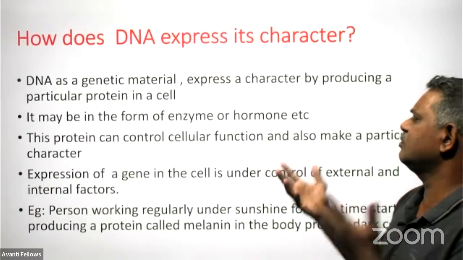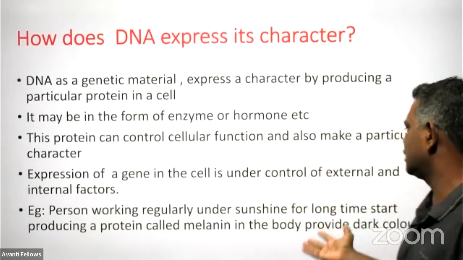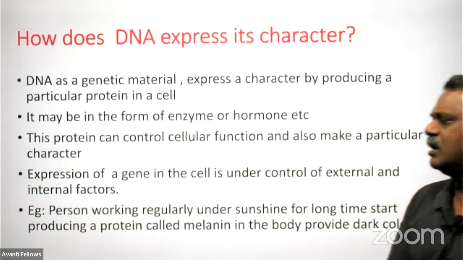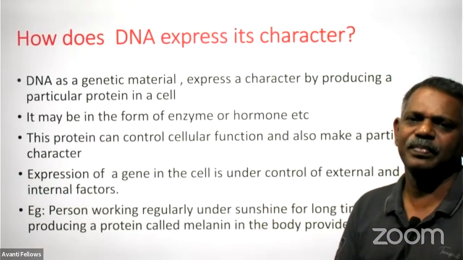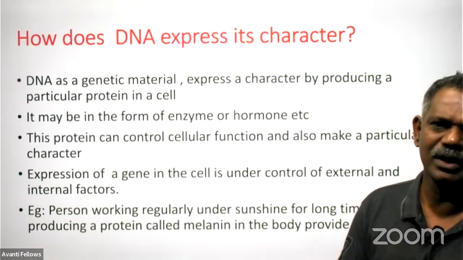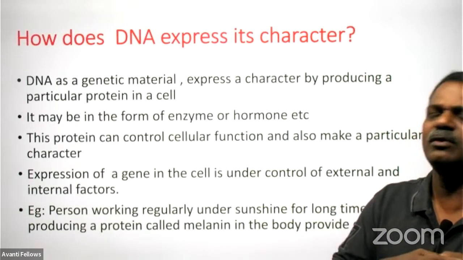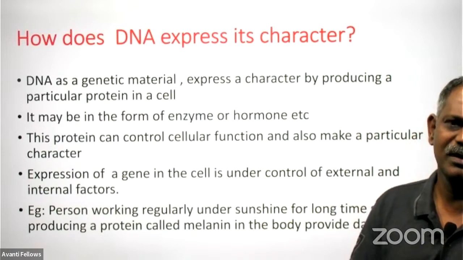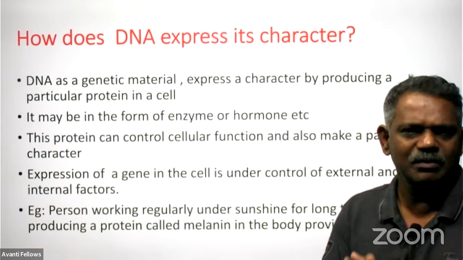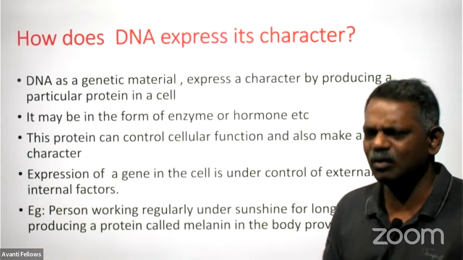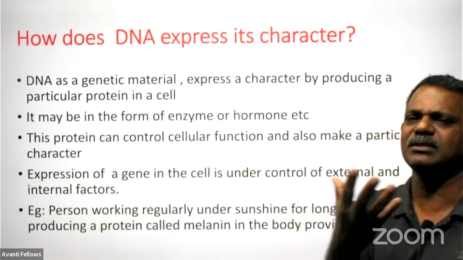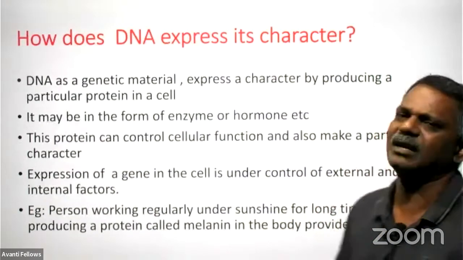So expression of a gene in the cell is under the control of external and internal factors. We have many genes in our body, and these genes are not continuously and constantly expressing. There is a time to express, and only a very few genes present in our body are expressing a character.